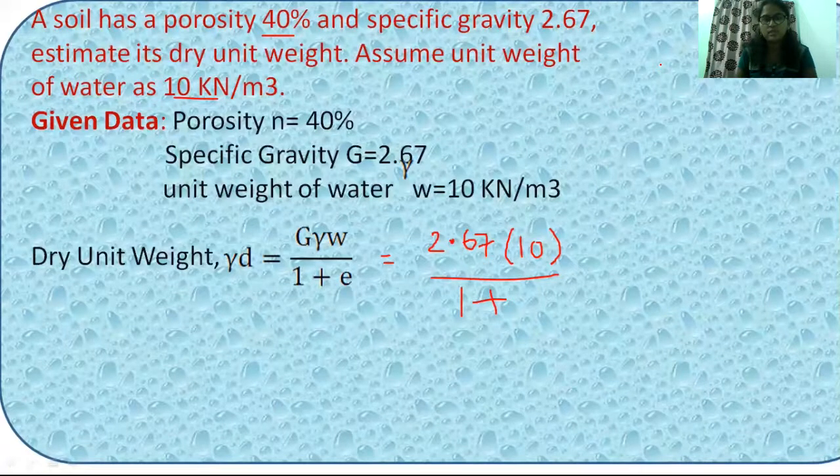Now we can calculate the void ratio E value.